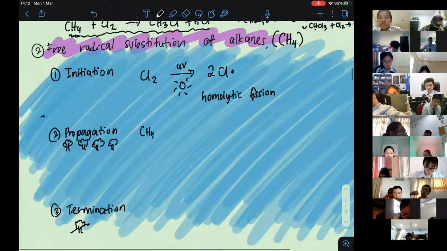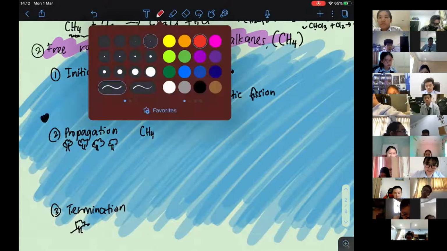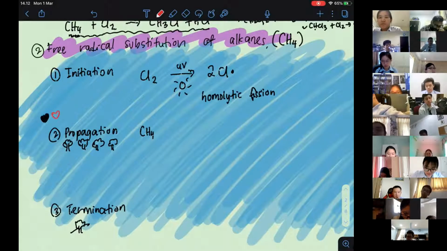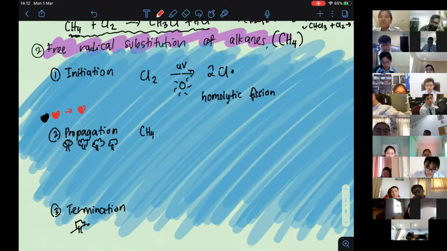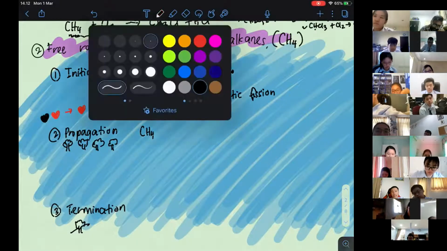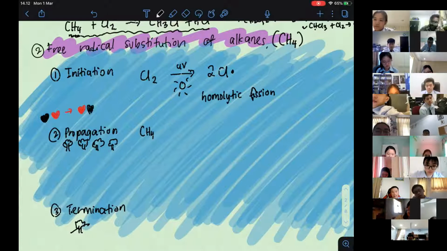Imagine you have a dark heart, and when someone loves you, then the heart will change into like this, and then another one changes into something like this.